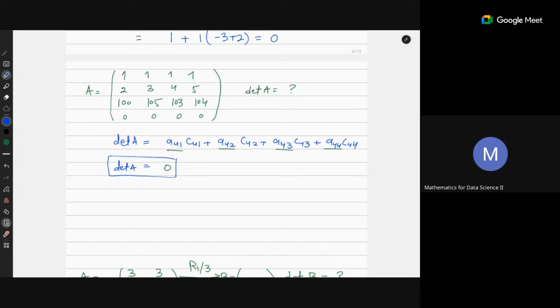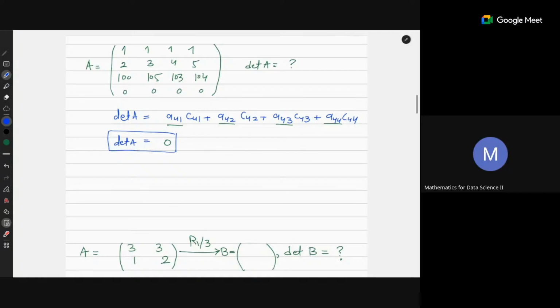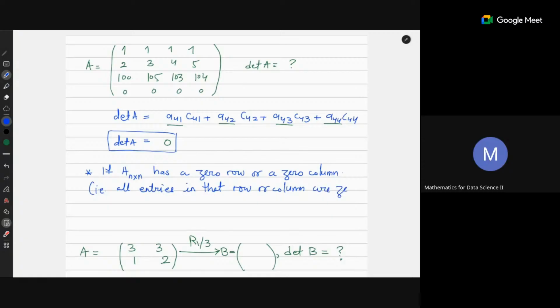In particular, the property is: if A, which is n cross n, has a zero row or a zero column, that is, all entries in that row or column are zero, then the determinant of A is zero.